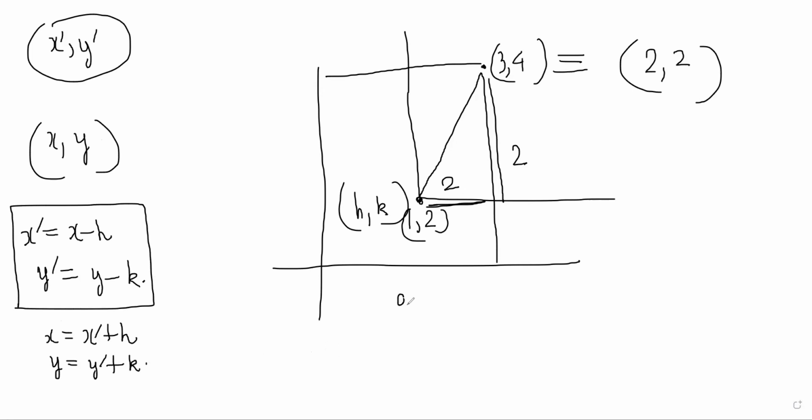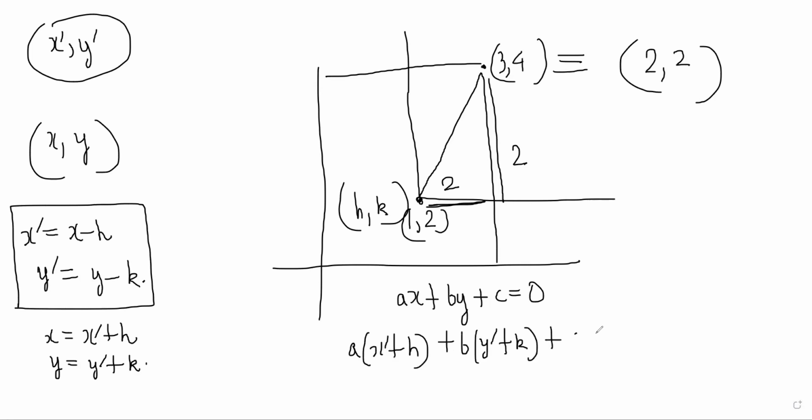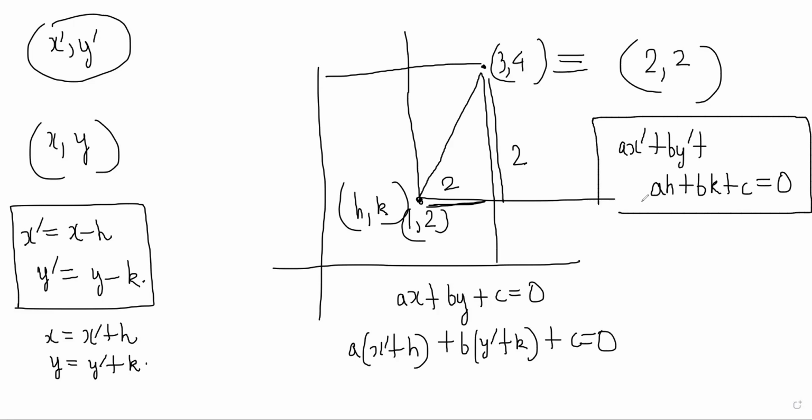So if your old line equation was ax plus by plus c is equal to 0, your new line equation will be a times (x dash plus h) plus b times (y dash plus k) plus c is equal to 0. So the new equation will be ax dash plus by dash plus ah plus bk plus c is equal to 0. This is what we have done, right?